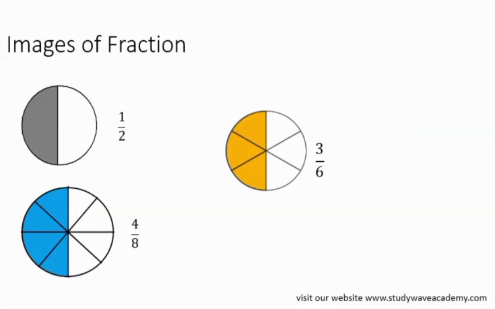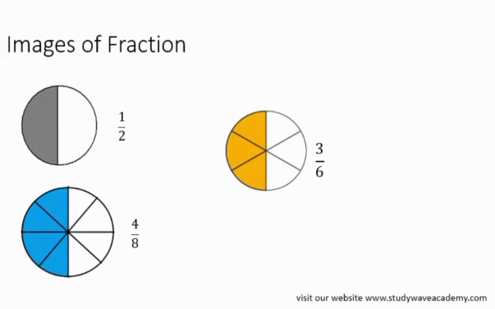Now the next one, 4 over 8. In the circle, it is divided into 8 parts, right? And 4 parts are shaded. So the number 4 there represents the shaded part, because we said the numerator represents the shaded part.